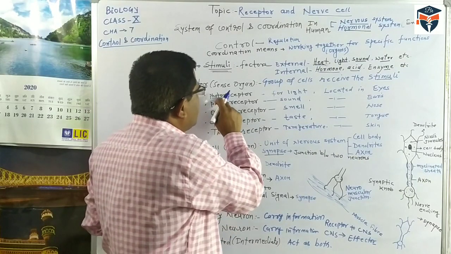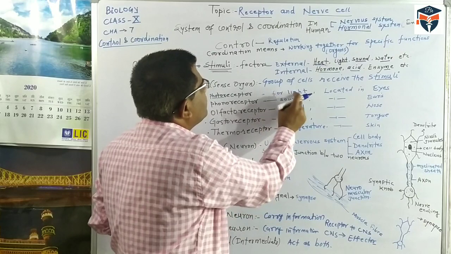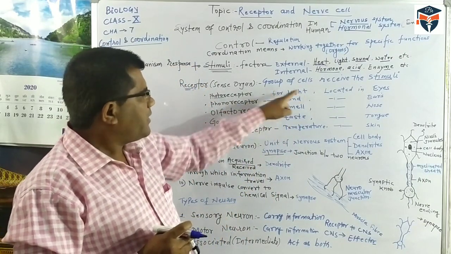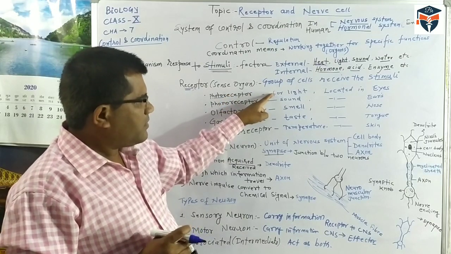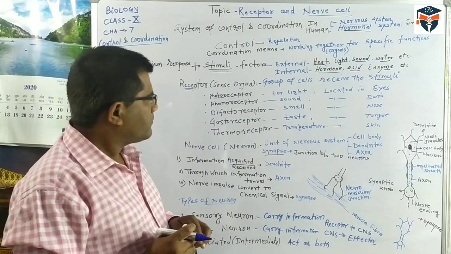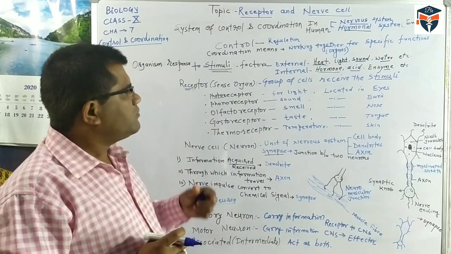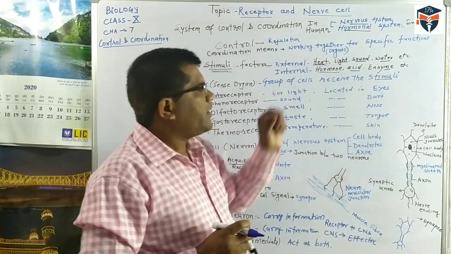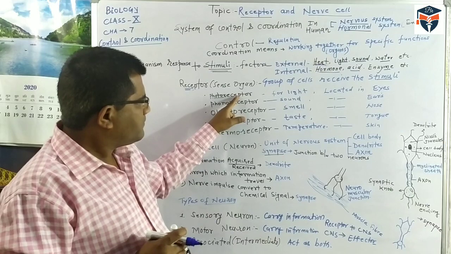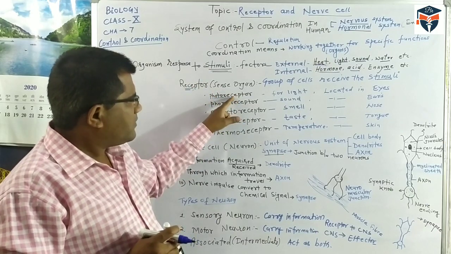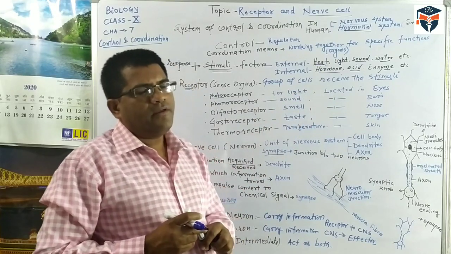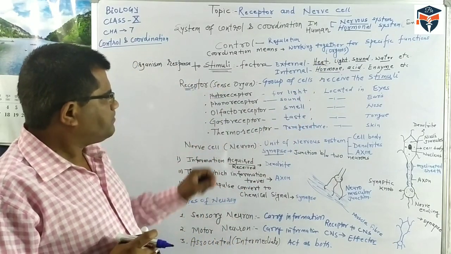These receptors are responsible for light, so they are called photoreceptors, and they are located in our eyes, because our eyes receive the stimulus of light. Photoreceptors are the receptors which detect light, and these are located in the eyes, a sense organ.